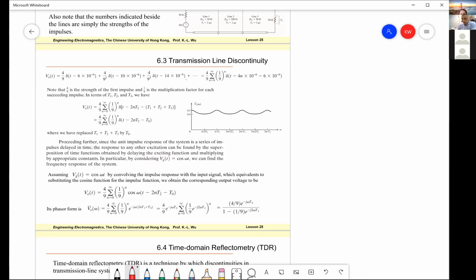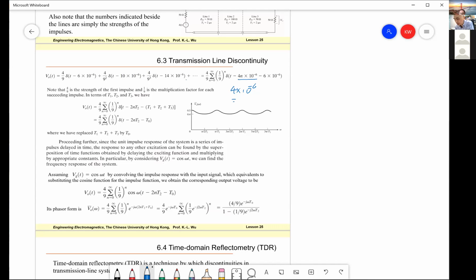Okay, I went too quick, and there are very small things I should mention. Let's see this 4 times 10 to the minus 6.